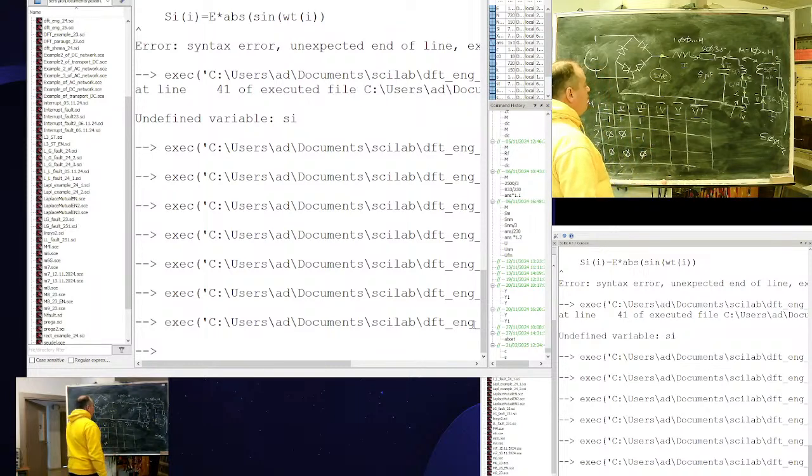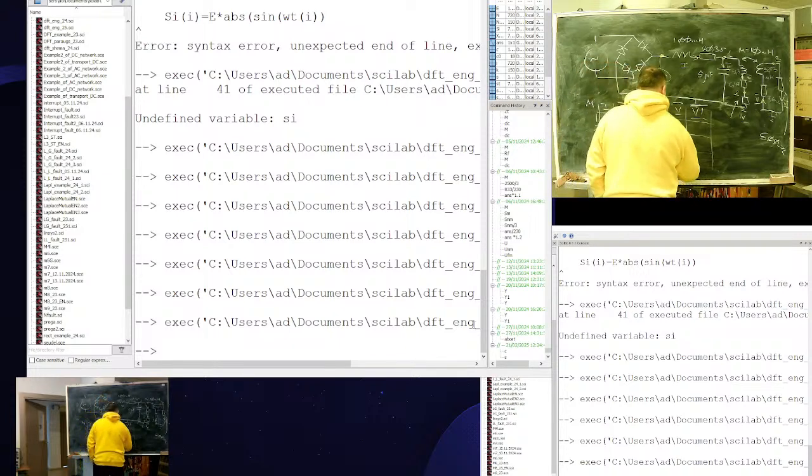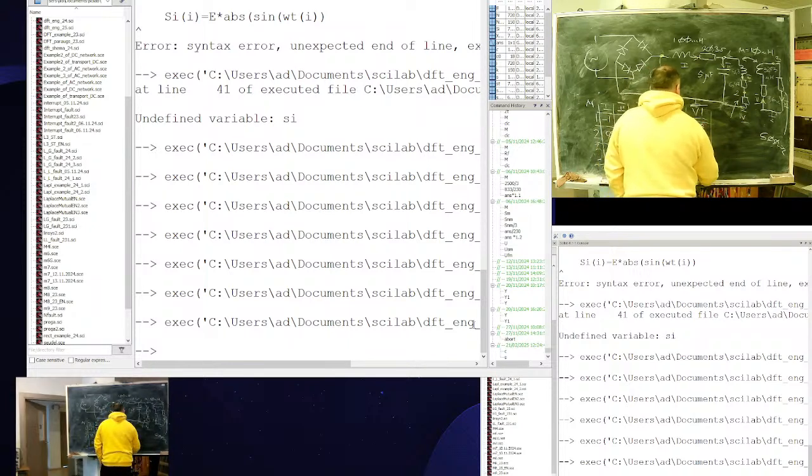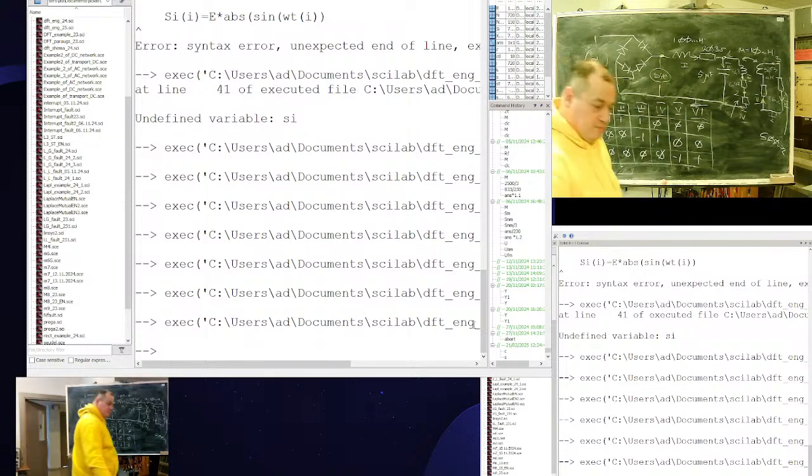Branch number 4, from 2 to base node. 1, 0, 0. Branch 5, from ground into node 3. And this one, 1, 0, 0. Here is my matrix of incidence.